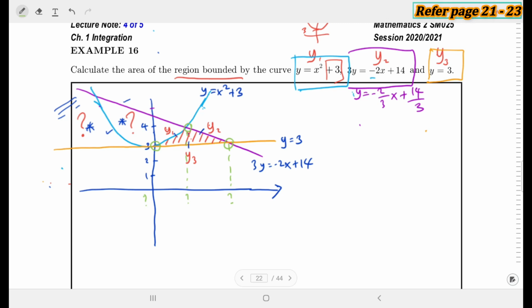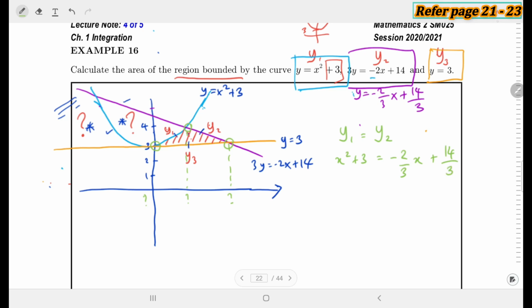So how to find intersection points? What we do is equate 2 of them. y1 equals y2. It's just like what you learned in school. To find the intersection points, we equate these 2 functions. y1 is x squared plus 3, while y2 is negative 2 over 3 x plus 14 over 3.